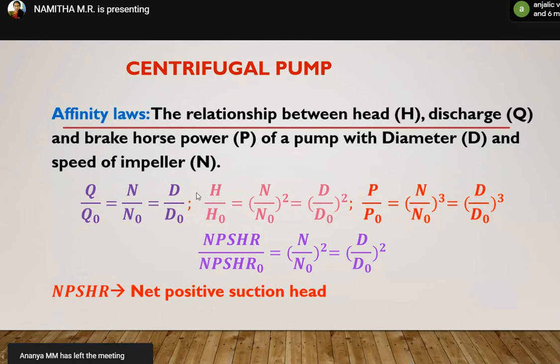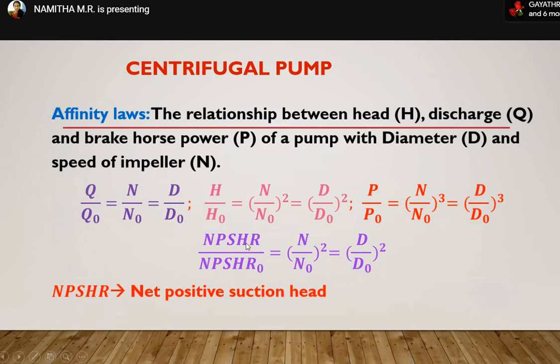And the third law is that the power required for pumping is directly proportional to the third power of impeller speed and the third power of diameter. So these are the main 3 affinity laws.